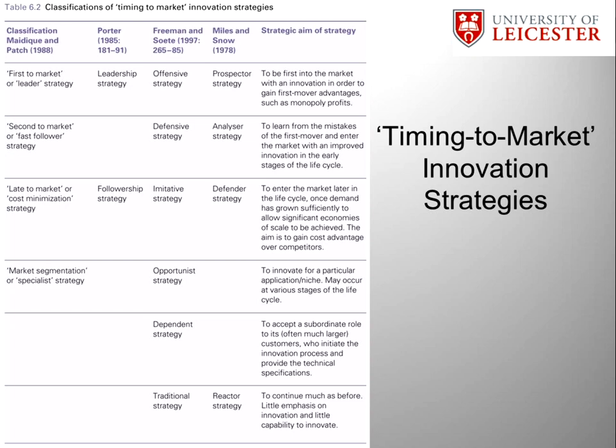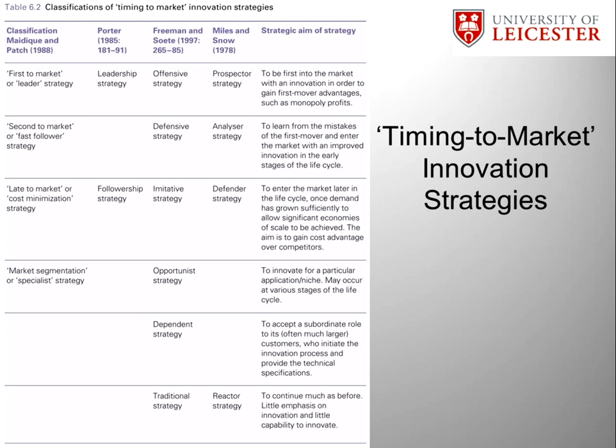So for example, a first to market company needs certain competencies, certain resources. For example, it needs to be good at opening up primary markets, understanding new market needs, as well as having very strong knowledge development and innovation development capabilities.